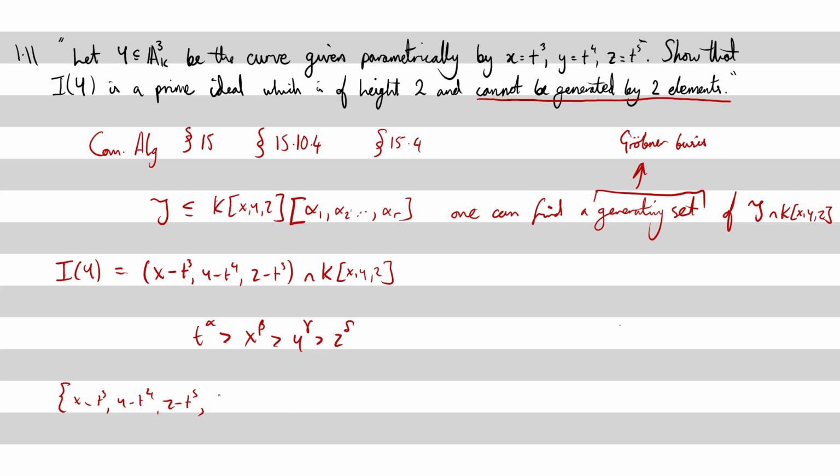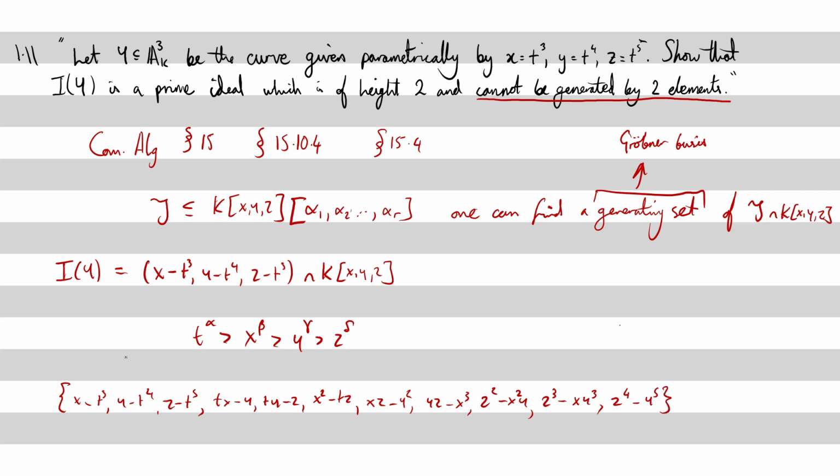There's 10 elements in it, so t x minus y, t y minus z, x squared minus t z. What is next? xz minus y squared, yz minus x cubed. Now, z squared minus xy, x squared y, z cubed minus xy cubed, and finally z to the 4th minus y to the 5th.